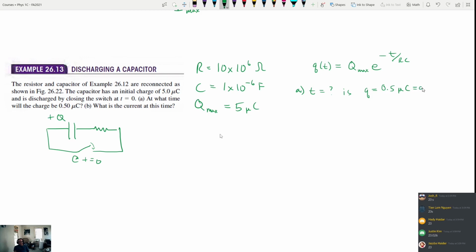So this is going to be Q of t. We don't know what t is. We're solving for t. So Q of t over Q max, basically just want to get the t out of here, right? Is equal to e to the negative t over RC. We're going to have to put the log of both sides.